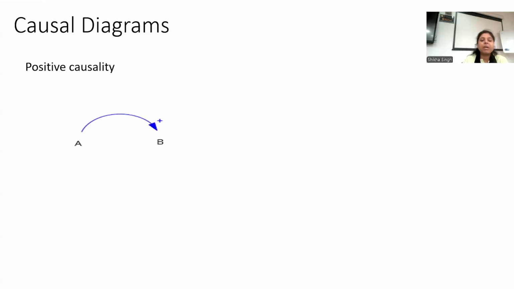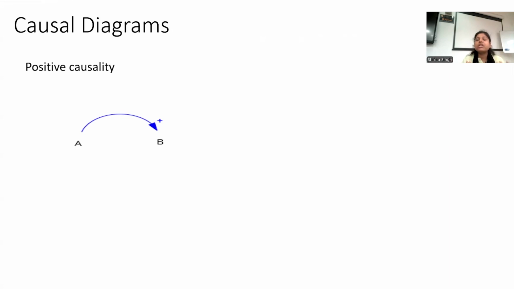Positive causality can be represented like this. You see, A and B are two components of one single system. And now A is causing the occurrence or the behavior of B. So there are different interpretations you can make of a causal relationship.